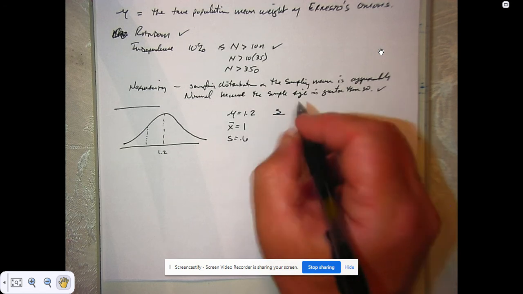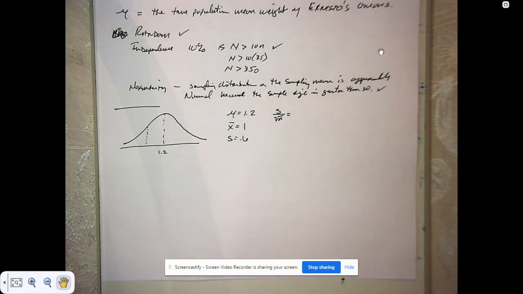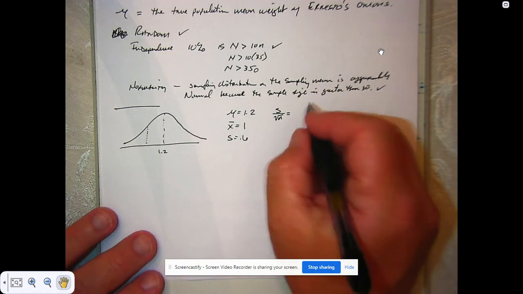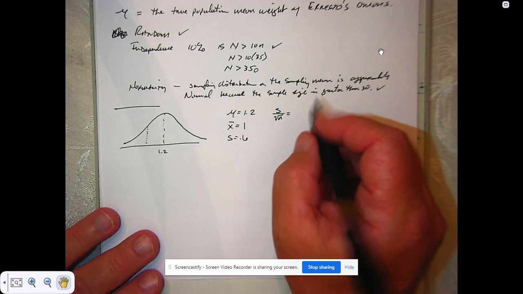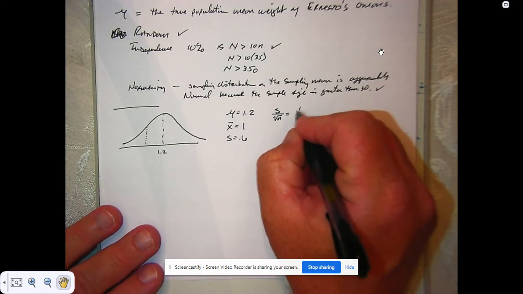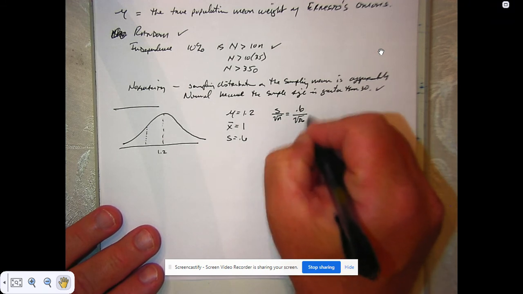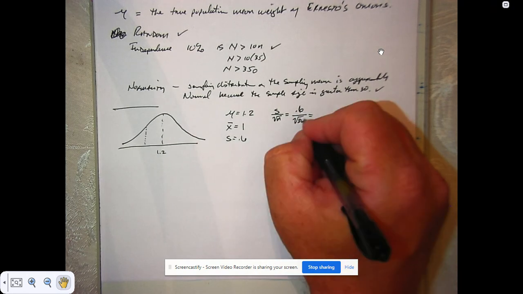Now, if we're going to talk about the standard deviation of our sampling distribution, we have to take that into effect because that's what the t-statistic gives us. So s divided by root n is going to be 0.6 divided by the square root of the sample size, the square root of 35. 35, not 36.